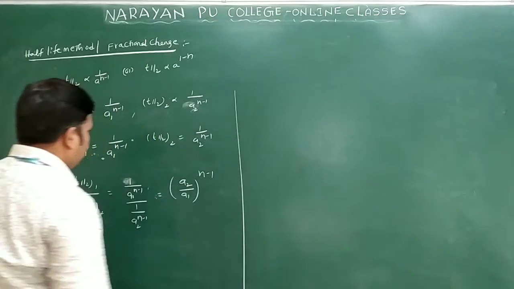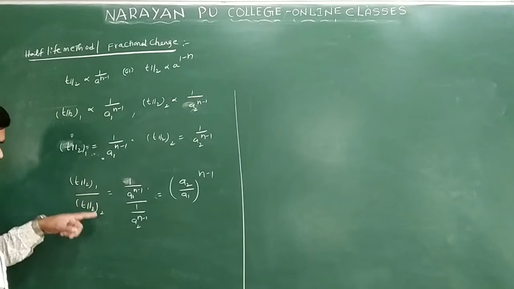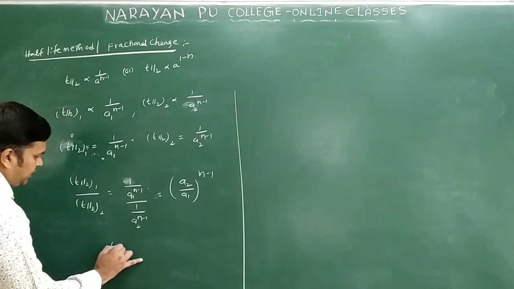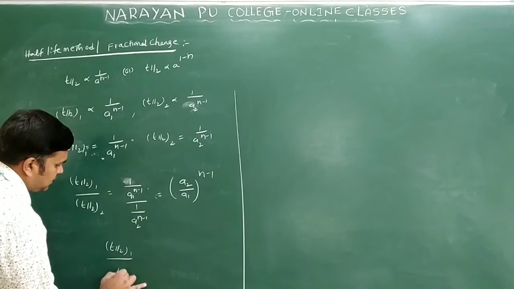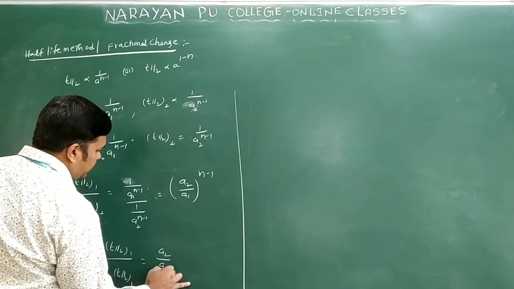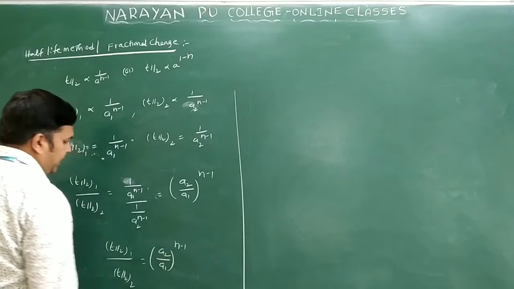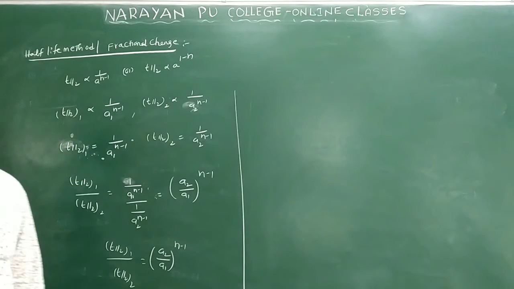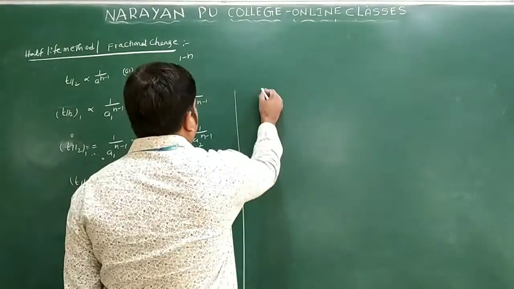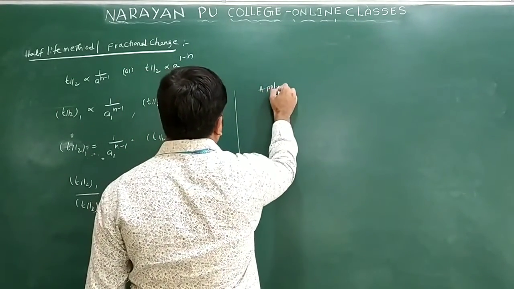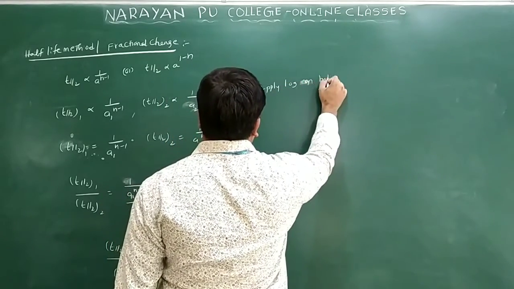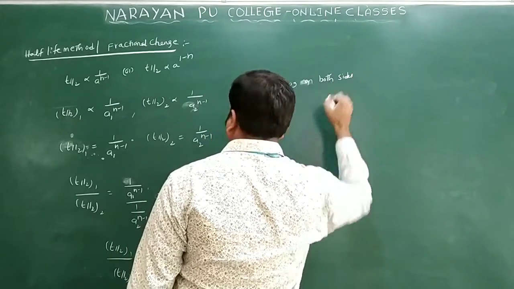So from this, t1 half by t2 half is equal to A2 by A1 whole power n minus 1. Now I apply log on both sides. Then what do you get here?